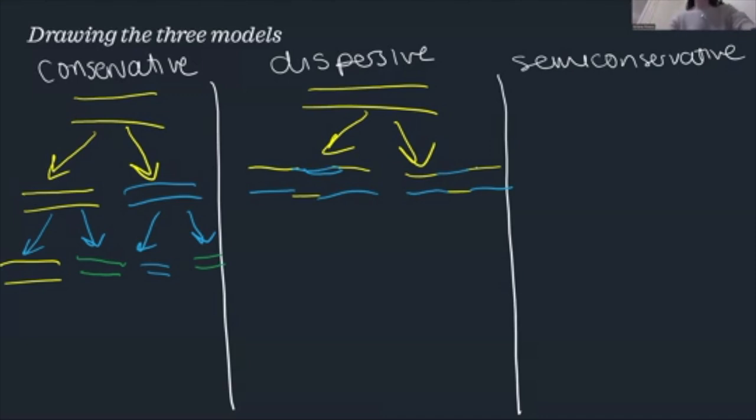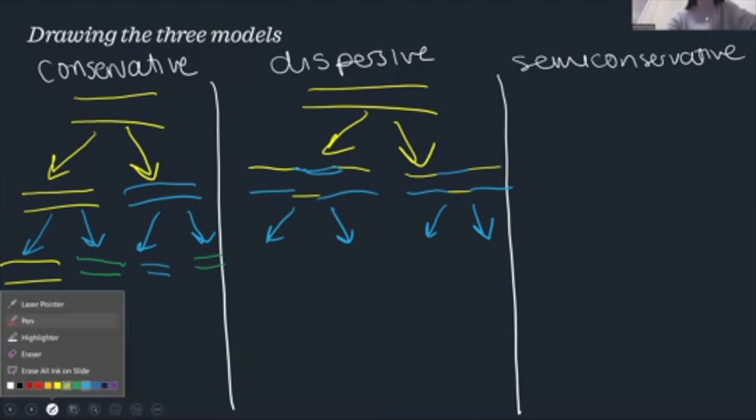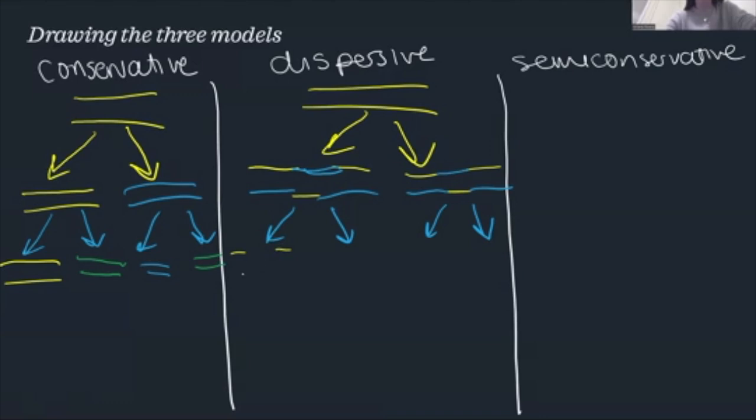Let's keep going on our dispersive model and have both of these replicate now. Again, I'm going to use green to show the newest DNA. Now yellow and blue represent old DNA. We're going to chop it up, and then add some green in there. I'm going to have some yellow everywhere, and some blue everywhere, and the yellow and blue, remember, represent my old DNA.